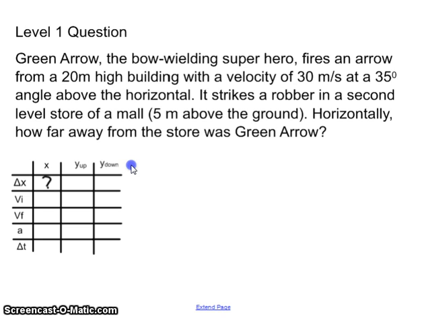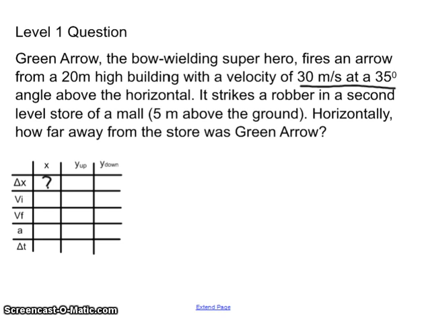Now I know right here it says 20 meters, but that is not a value that we want to use because that is a height. It is not a displacement, which is what we use in our chart and in our equations. Now what we want to use is this velocity right here, the 30 meters per second at a 35-degree angle above the horizontal. So that's a positive 35-degree angle, not a negative one, which is what it would be if it was below the horizontal.